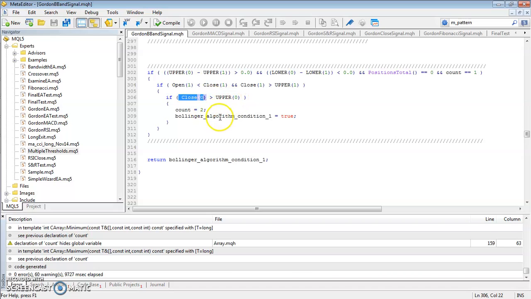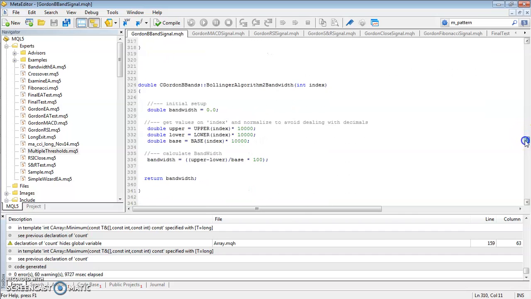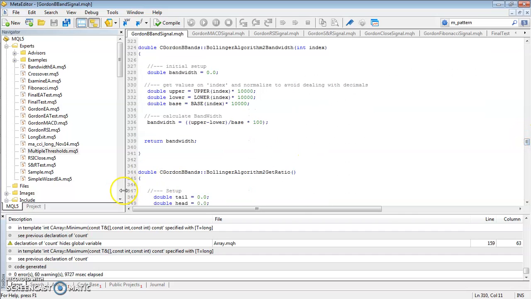Then it'll trigger a signal. So as soon as the current candlestick we're in breaks through the upper band again, it'll trigger a signal here, which includes true, and it returns a true down here. And I'll continue on with part 2 of this video.